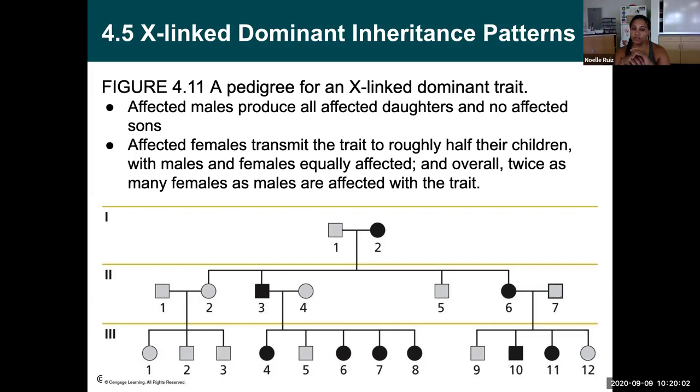And affected females transmit the trait to about half their children because they have the two alleles. They can pass on either the X with the good allele or the X with the bad allele. So twice as many females as males are affected with the trait.